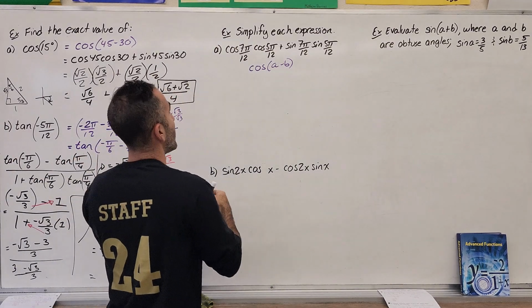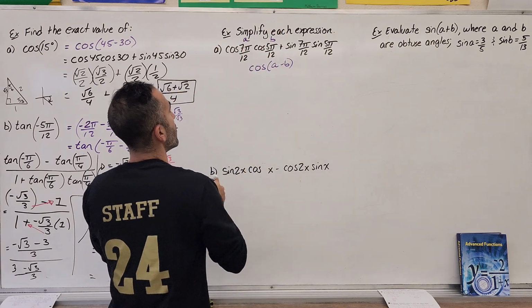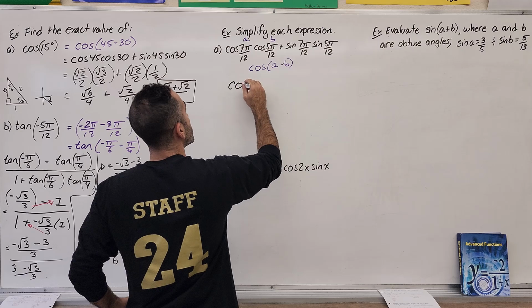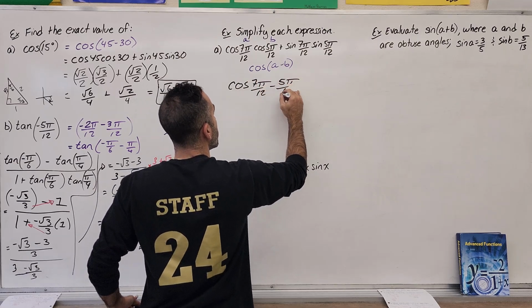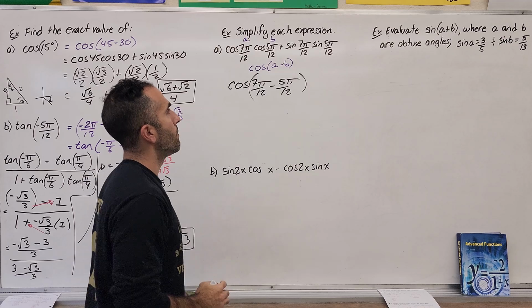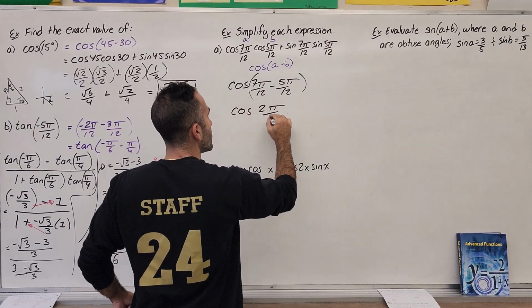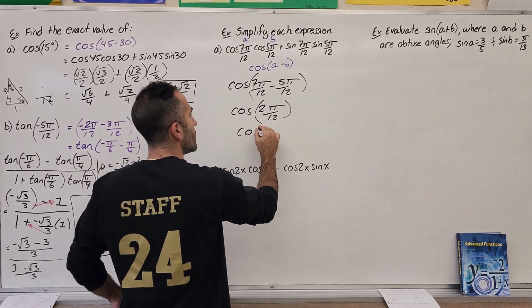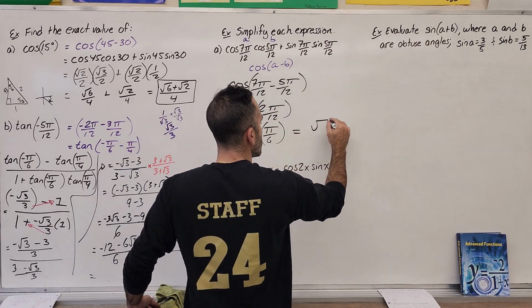I know that the A value is the first number, and the B value is the second number, so I can go right into my cos of A minus B. I can now subtract that into a 2 pi over 12. This reduces to a pi over 6, and this just equals root 3 over 2.